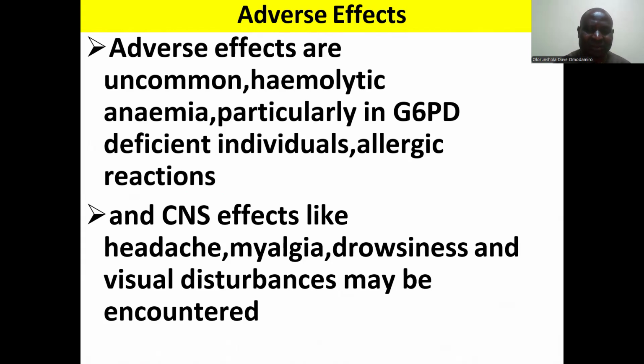We have noticed that polymorphism occurs in the gene that makes the individual deficient in glucose-6-phosphate dehydrogenase. Also, we have seen hemolytic anemia.